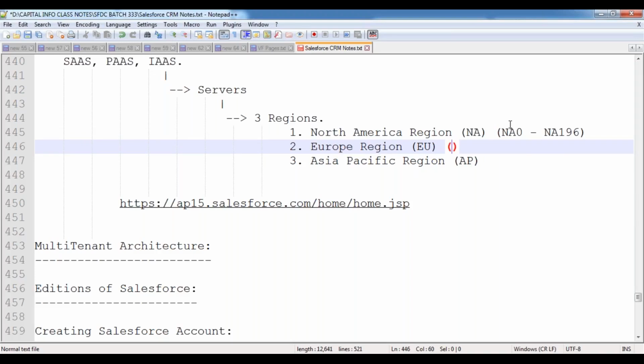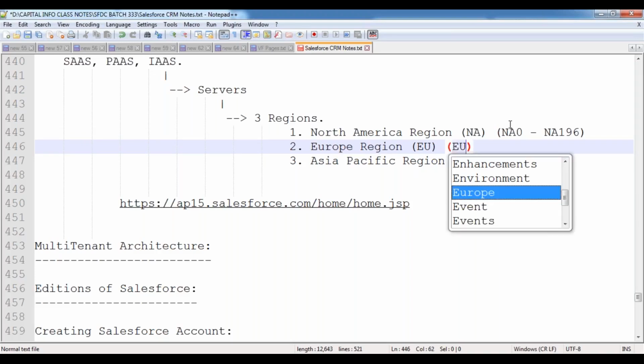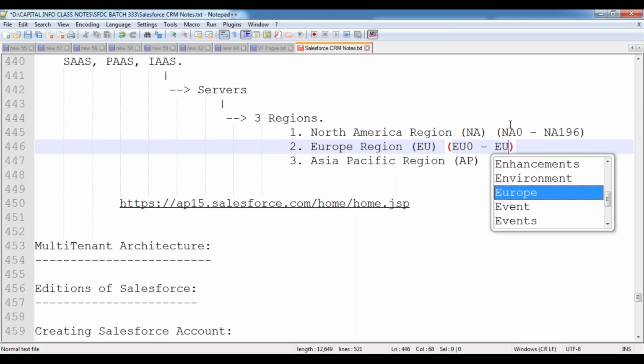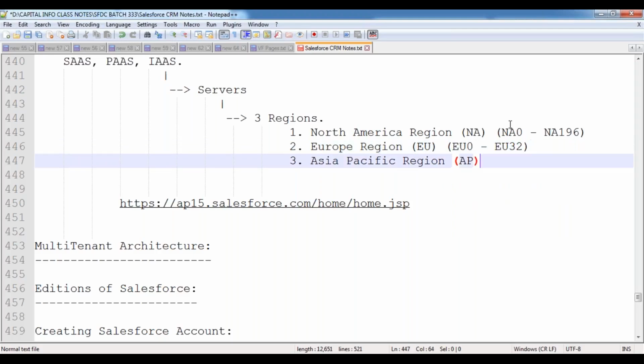In the Europe region, we have the servers from EU0 to EU32, totally 33 servers. In the Asia Pacific region, we have the servers from AP0 to AP28, so totally 29 servers are available. These are the various servers available in each and every region, maintained by Salesforce.